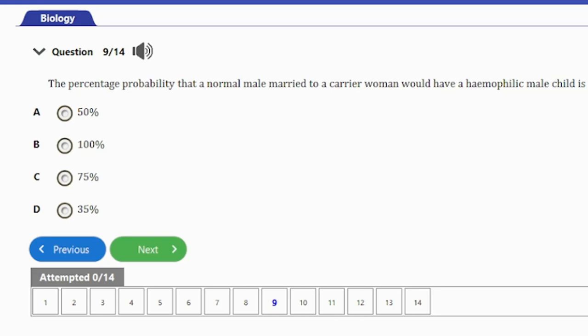So guys, we've already answered a similar question to this, and definitely we know that if a carrier woman should marry a normal man, the probability of actually having a hemophilic male child is 50%. That's actually like 1/2, and this corresponds to 2/4 when you do the crossing. So that's it, that's 50%, and it's option A here.